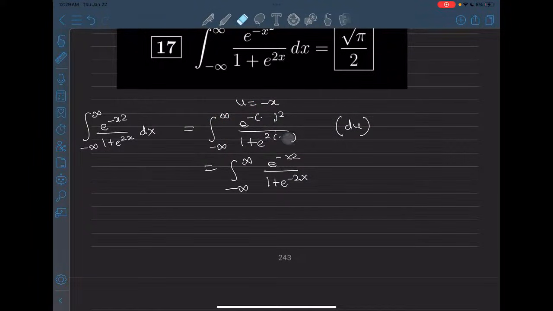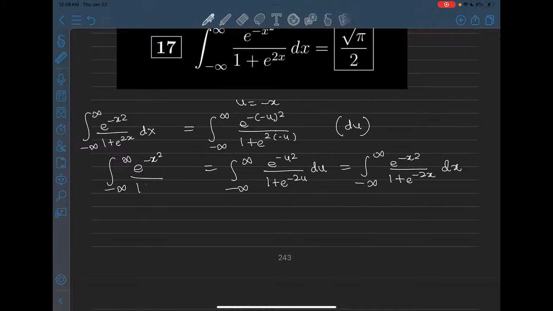Minus u squared, and e to the power minus 2u du. I can again write this in terms of x, e to the power minus x squared. It doesn't matter what variable I use over here. So this is just substitution, and also this is King's rule.